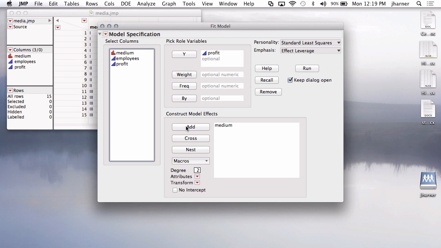Let's see. Oh, employees, add it next. And then if I select median and I nest, then this is the way JMP represents nesting. I have median and employees, and notice in square brackets is median. That means employees nested within median. They use slightly different notation, but that should fit the same model where we have a nested model.